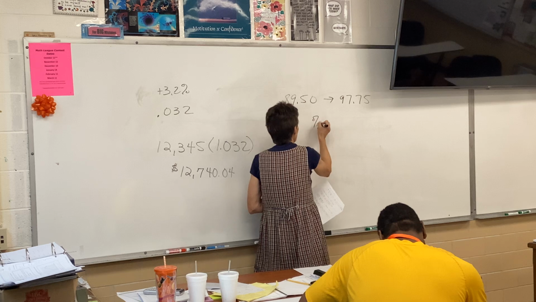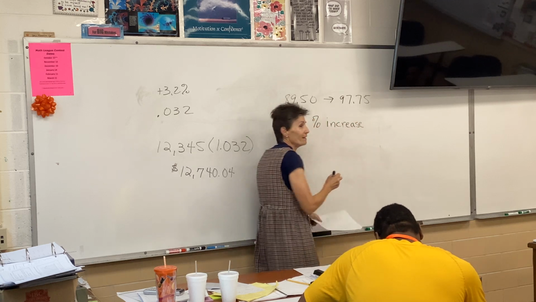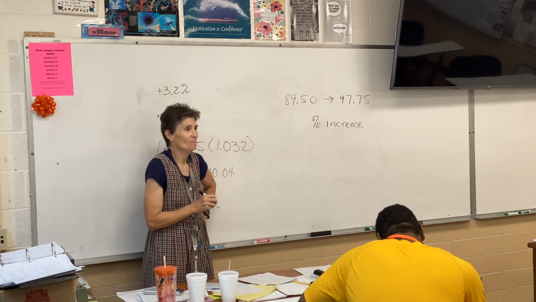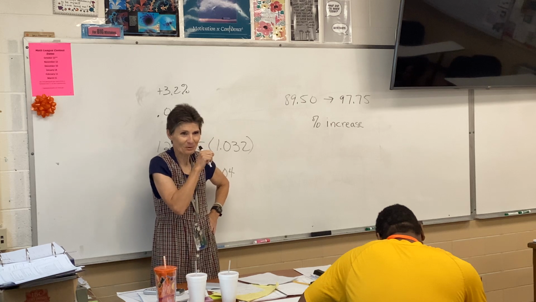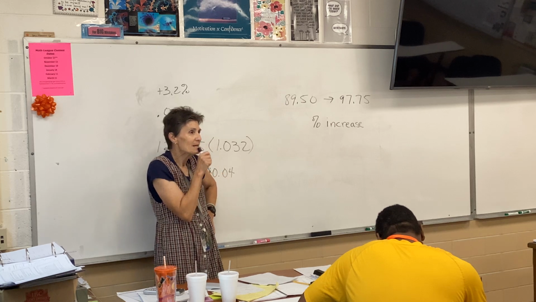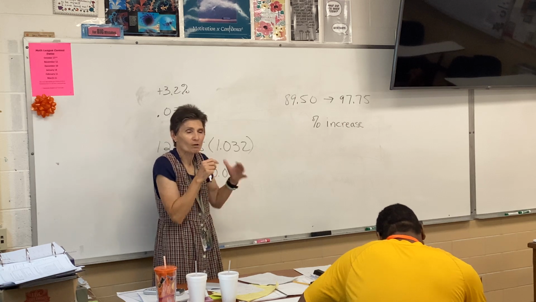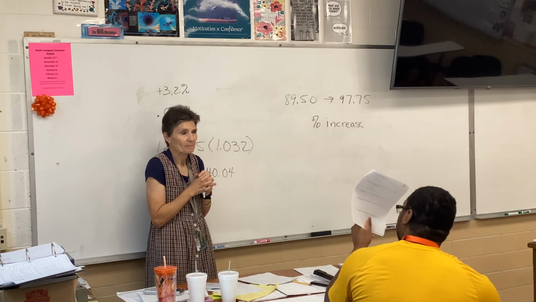Find the percent of increase. Oh my. We did these back in summer school. Willow, you remember how to do them? No? Does anybody remember how to do percent? It's called percent change. Sometimes it's increase, sometimes it's decrease.